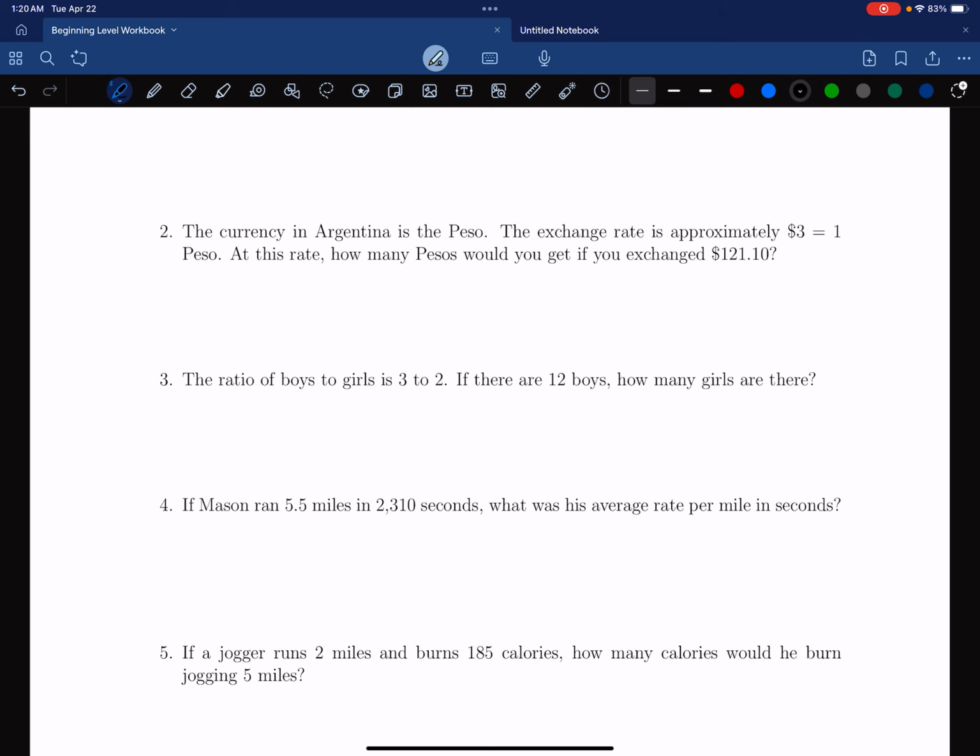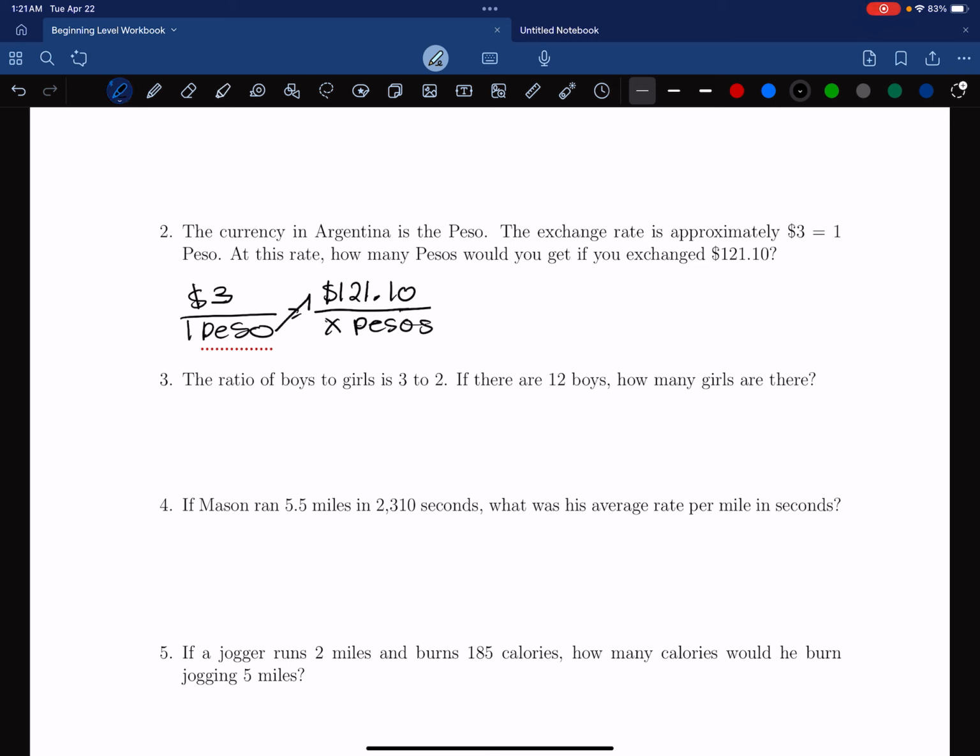So we know for every 1 peso, you get 3 US dollars. And now we want to know if we exchange $121.10, we want to know how many pesos we'll get. What is our X amount of pesos?